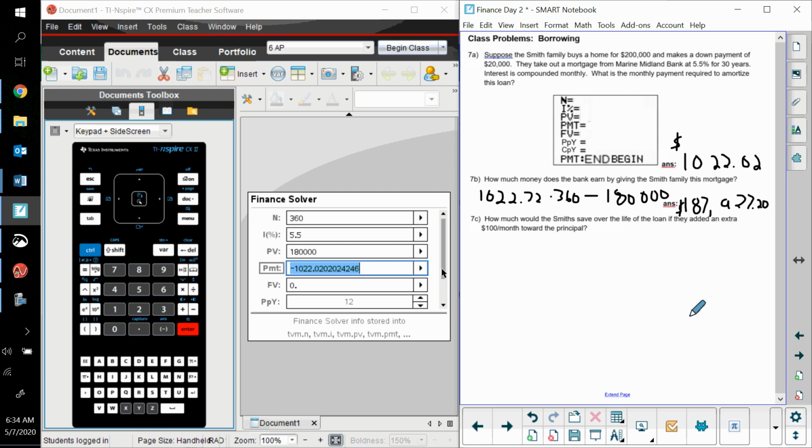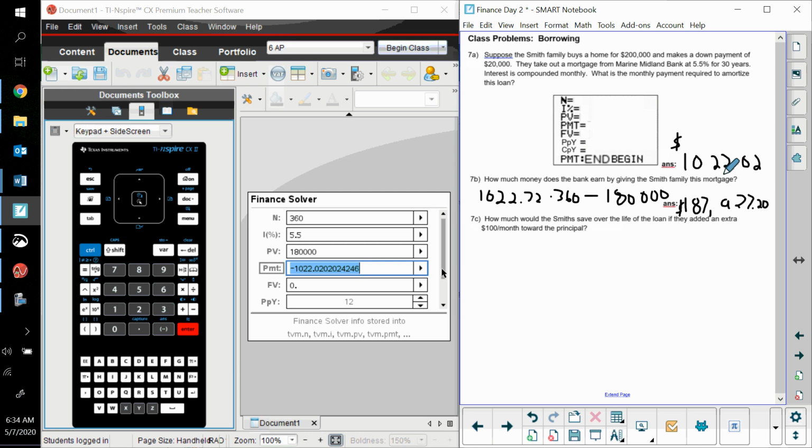The bank made more than the amount they loaned because they only loaned the 180,000, so they're making more than that back over the time with the interest. So really, it cost the Smith family $387,000 and change to buy their $200,000 house.